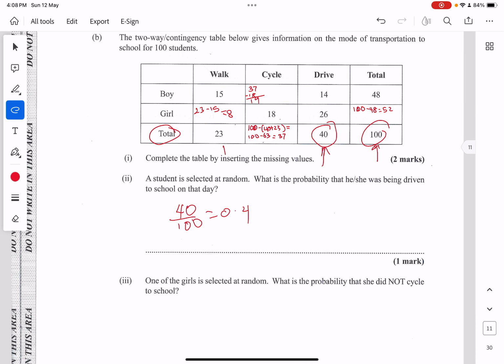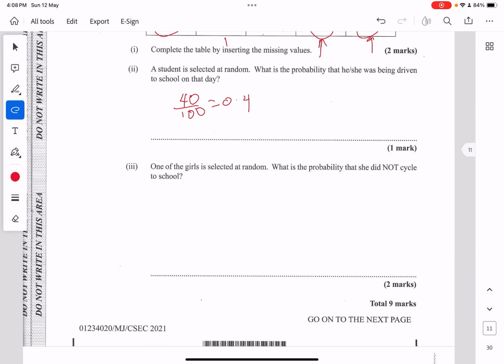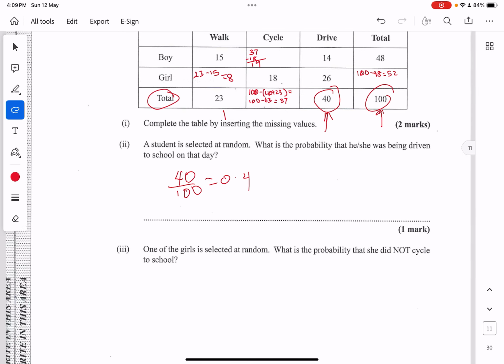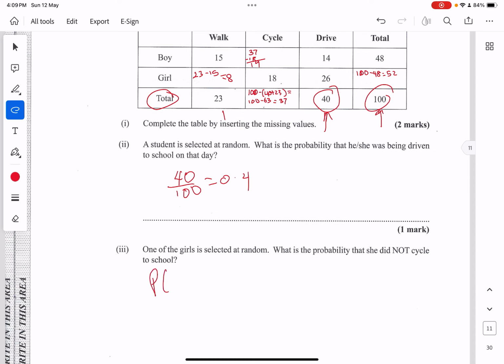One of the girls is selected at random. What is the probability that she did not cycle to school? So did not cycle to school means that she either walked or drove, and it is a girl, right? So the probability that she did not cycle to school will be the probability that the girl walked, plus the probability that the girl drove.